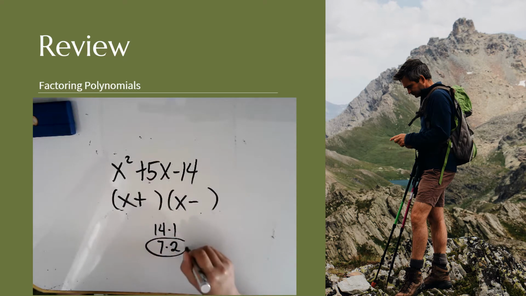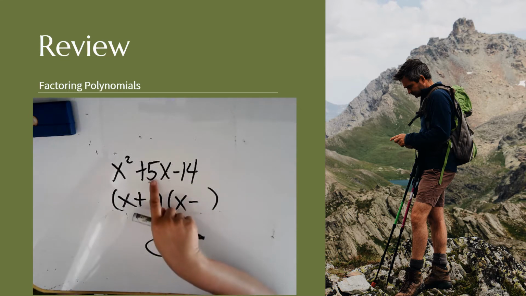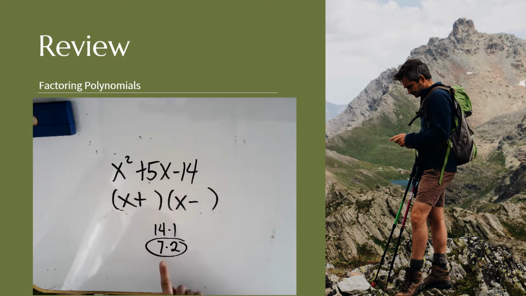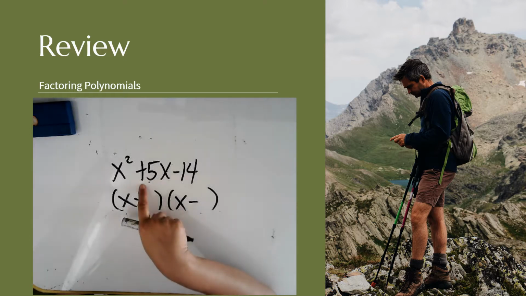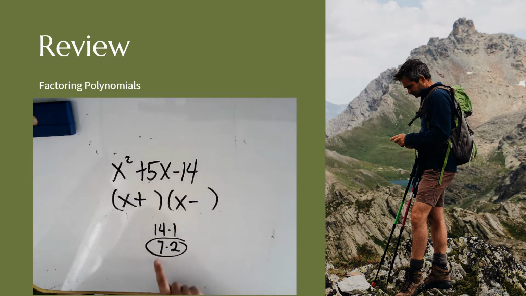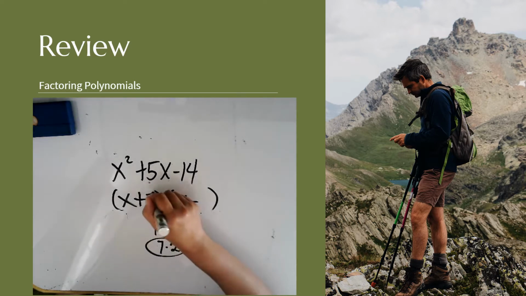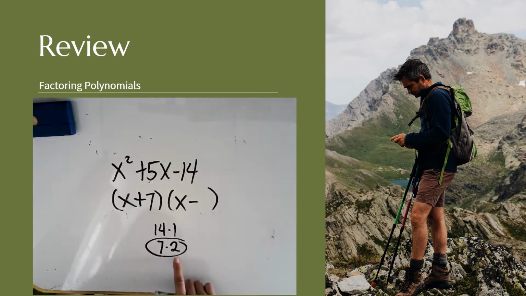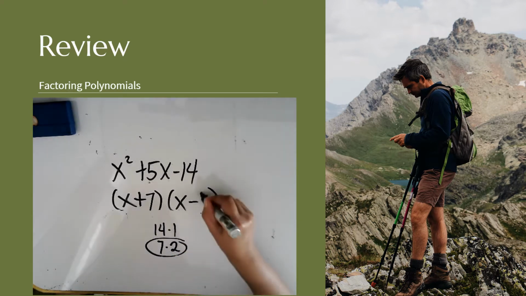That is 7 and 2. 7 times 2 is 14, and 7 minus 2 is equal to 5. Now the middle term is positive, so the bigger digit will have that sign. So therefore, 7 will be the positive one, and we're going to place it here. And then 2 should be the negative one, so we're going to place 2 here.